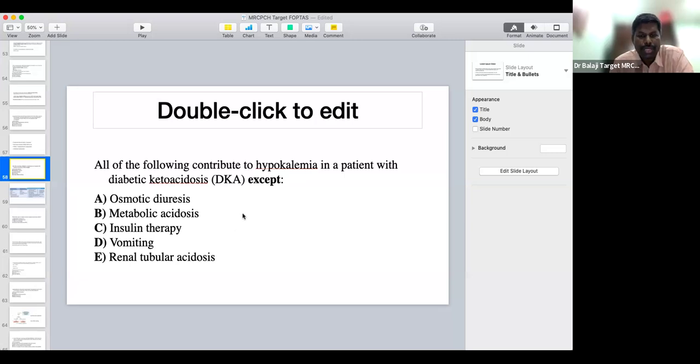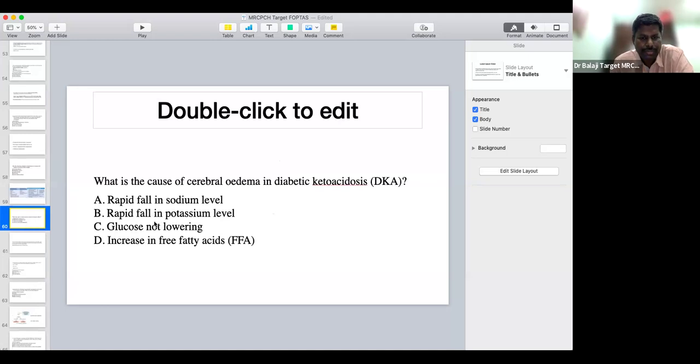We give soda bicarb for hyperkalemia, which means that alkalosis will cause hypokalemia. But here it is written metabolic acidosis, so that is wrong. In metabolic acidosis, potassium will actually come out from the cells, and when you give soda bicarb, it pushes the potassium into the cells. So metabolic acidosis is a cause of hyperkalemia. That's an important thing.